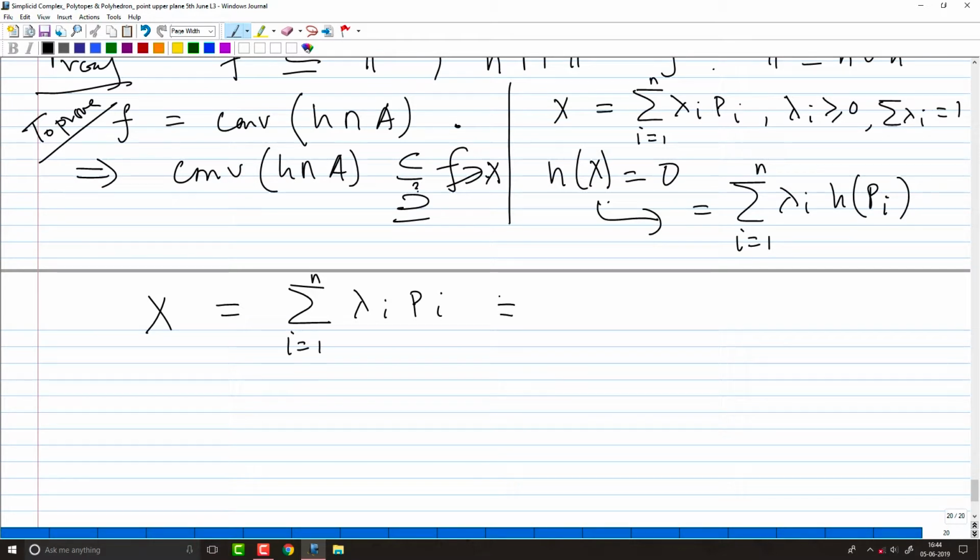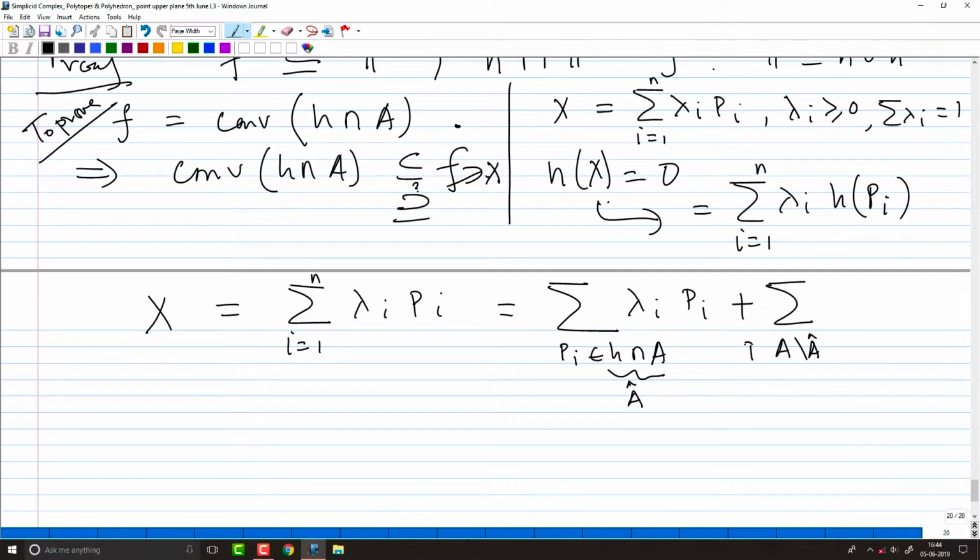Let us break it further: summation over Pi belonging to H intersection A of lambda i Pi, plus the summation over Pi in A minus A hat of lambda i Pi, where we call H intersection A as A hat. I just broke the summation into two parts. If all the lambda i's in the second part are 0, I will be done. Yes or no?